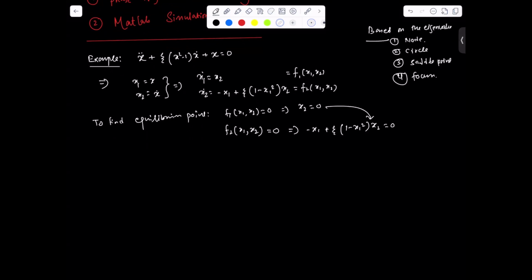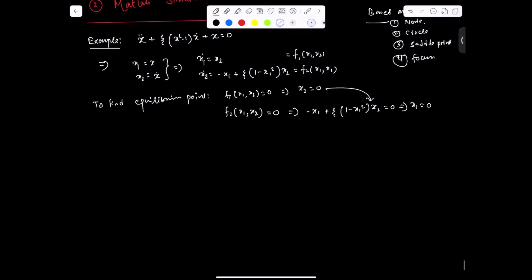If we substitute x2 equal to 0 here, we'll have x1 equal to 0. So the equilibrium point for this problem is x_e equal to (x1e, x2e), which is (0, 0), right?